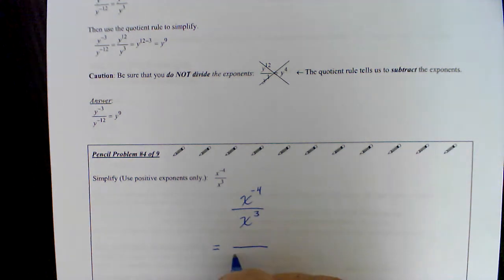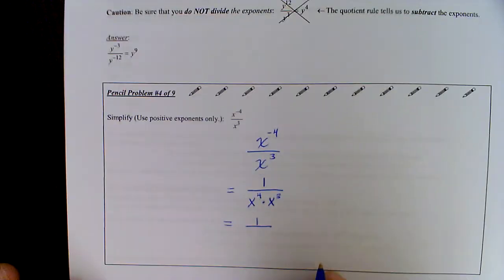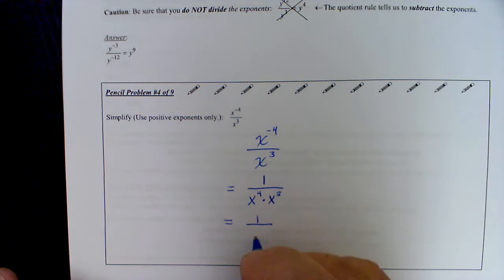It goes to the denominator as x to the 4th. But this x to the 3rd that's in the denominator, I just have to leave, because that's a positive exponent, so that is fine the way it is. And what's left in the numerator is just simply 1. And now we can multiply in the denominator. So our rule for multiplying common bases is to add the exponents, so 1 over x to the 7th.